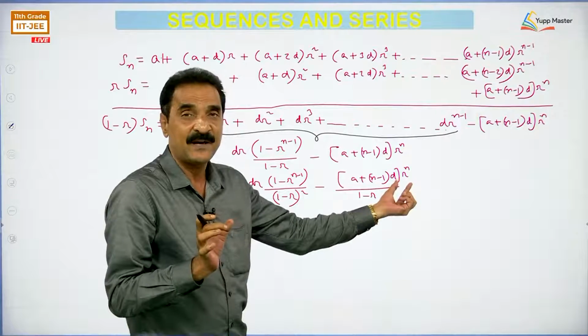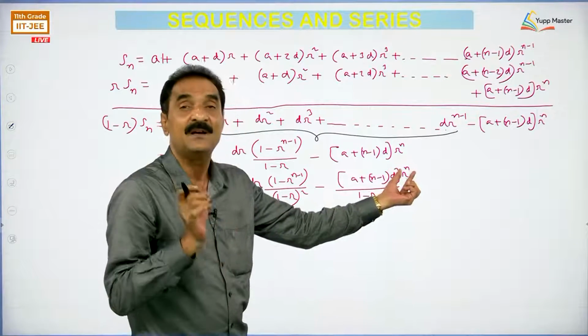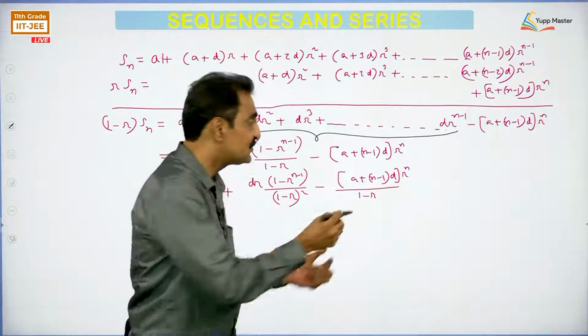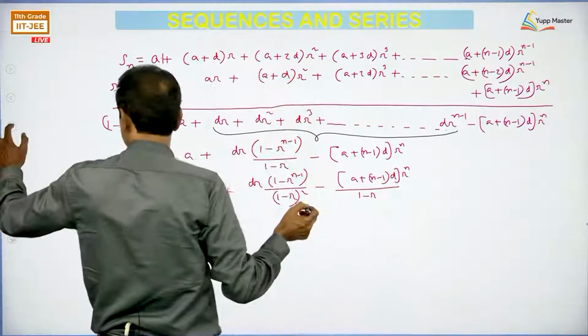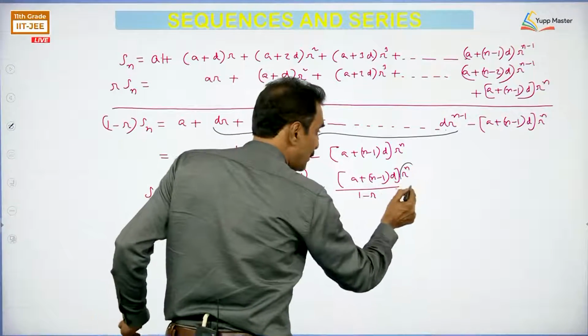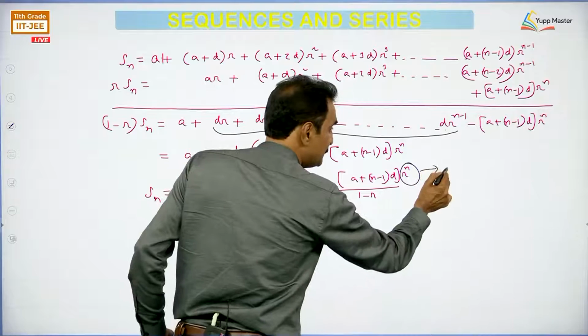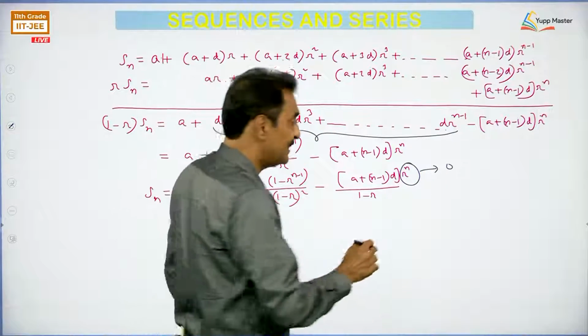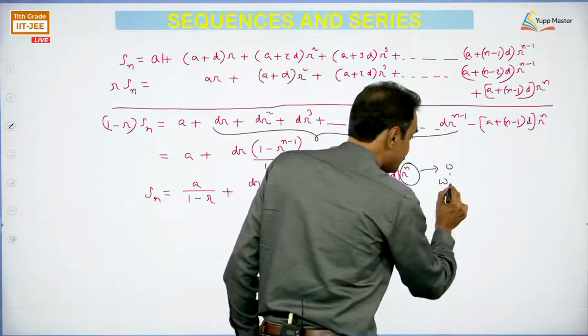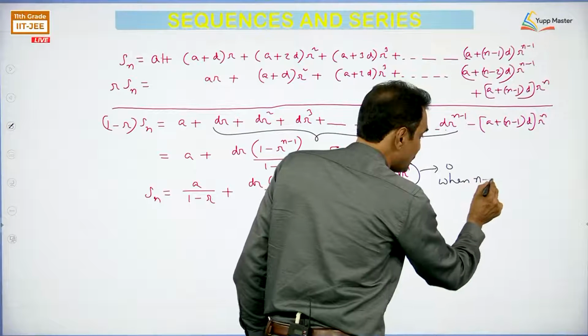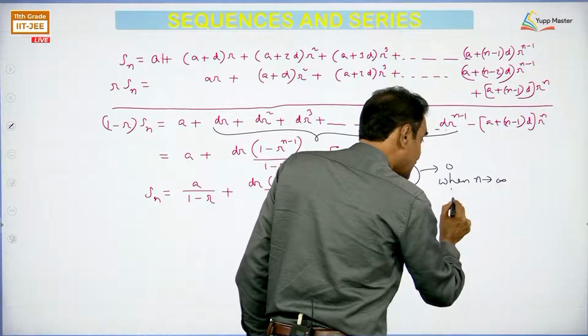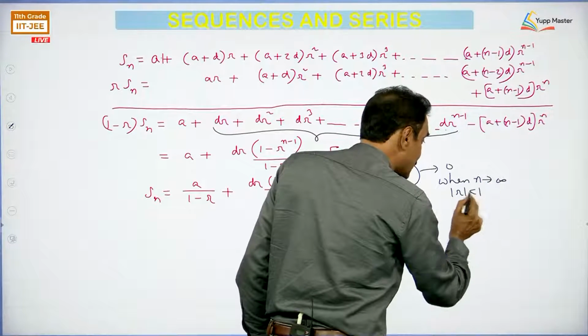Any number between minus 1 and plus 1 to the power infinity will be approaching 0. So, this part is 0 when n tends to infinity and mod r is less than 1.